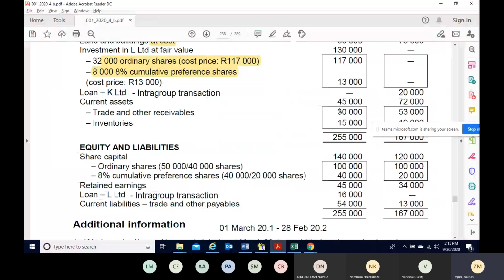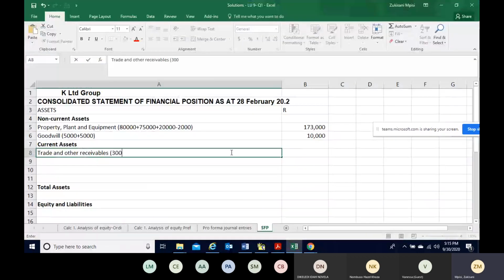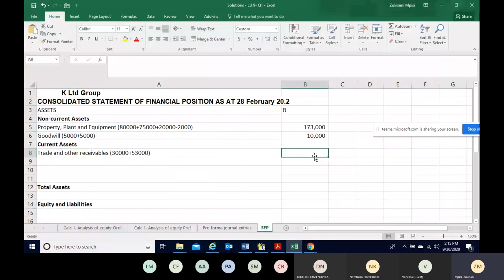Straightforward, it's 30,000 plus 53,000, so this is 83,000.